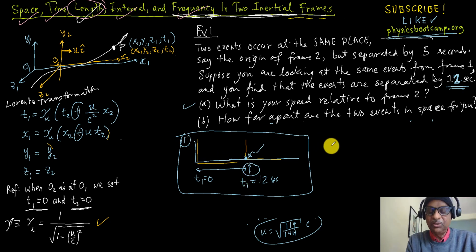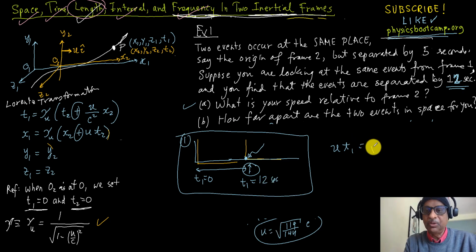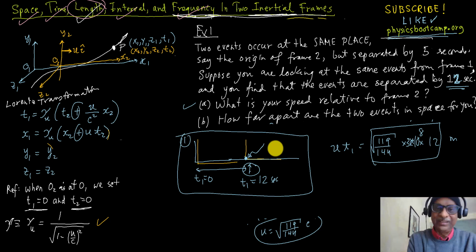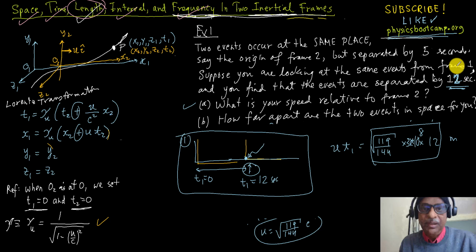Well, it's going to be u times t1, which is square root of 119 over 144 times c times 12, and c is 3 times 10 to the power 8, so that many meters. That's how far they will be separated, because this is going pretty fast if it's that much time difference. All right, so this is example 1.